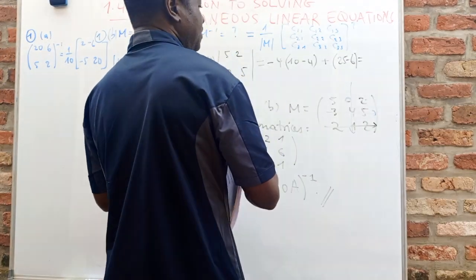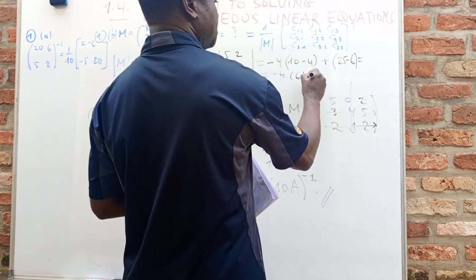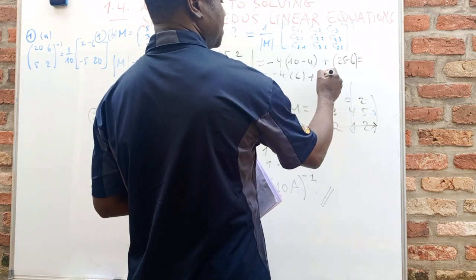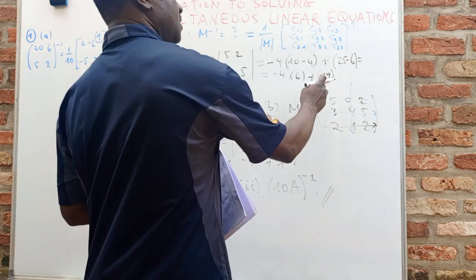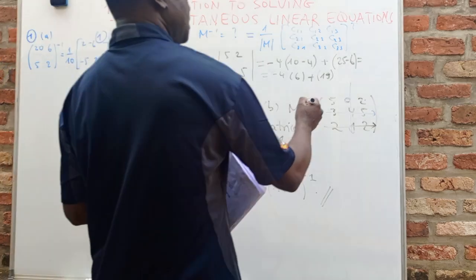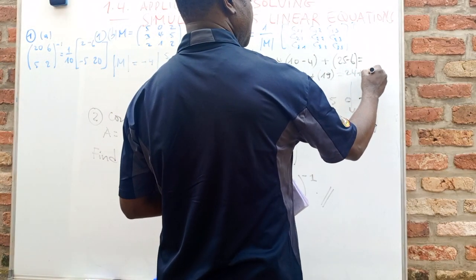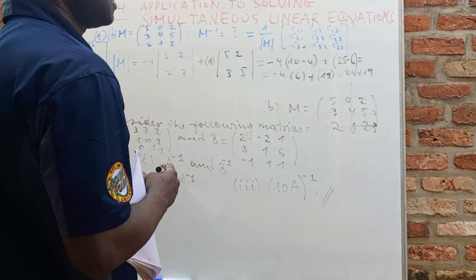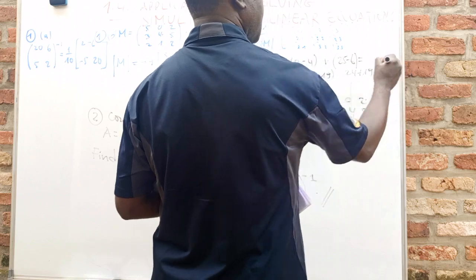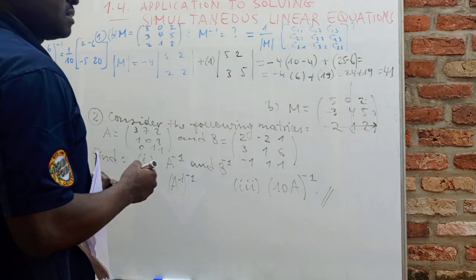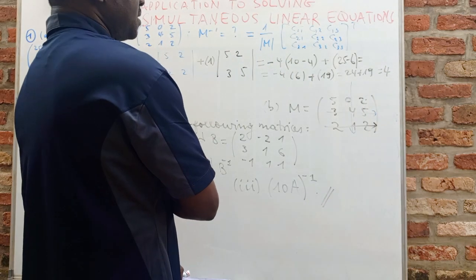This one will be -4 times 6 plus 25 minus 6 is like 19, because 19 plus 6 is 25, and then I get 24 plus 19. 24 plus 19 is like 41. Okay, this is not 41. This is okay. Let us see.